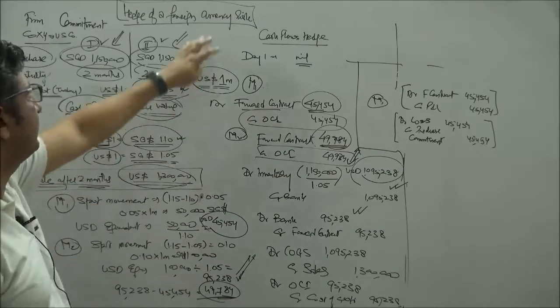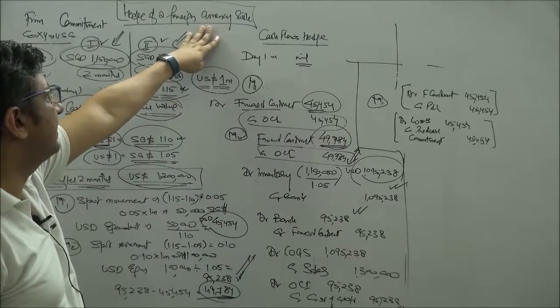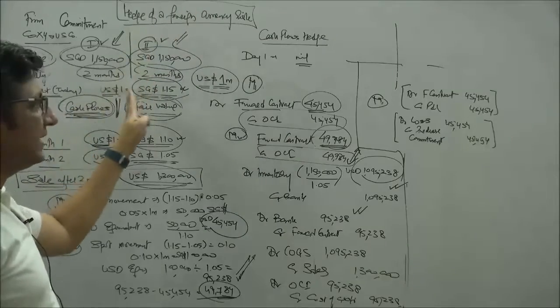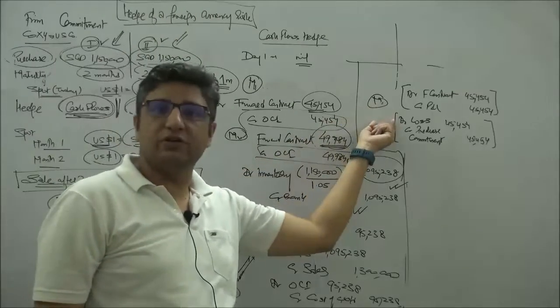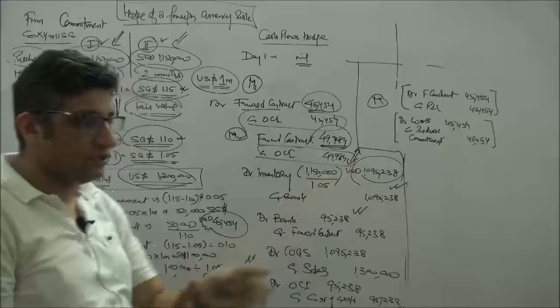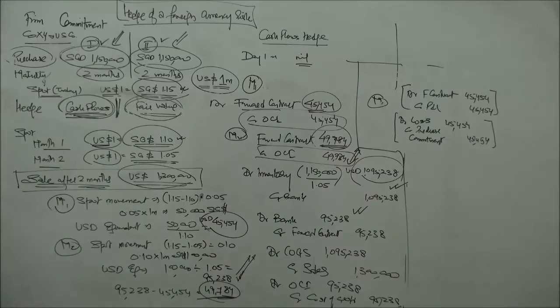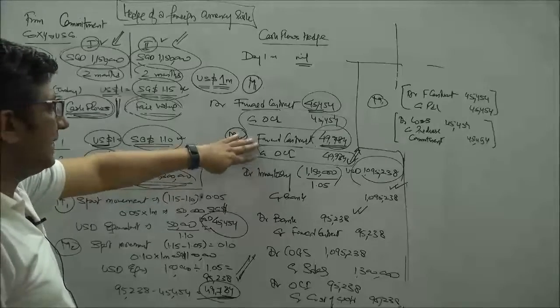So that is the differential when you look at a hedge of a foreign currency risk. In a fair value hedge categorization, everything would sit in the P&L around the same time. There is no sitting in the OCI there. The same thought process is applied here as well.